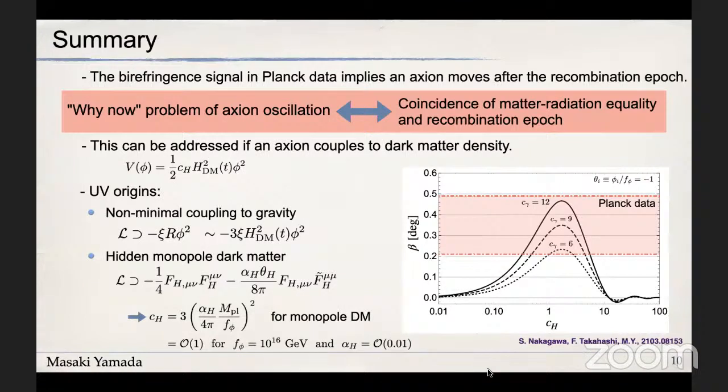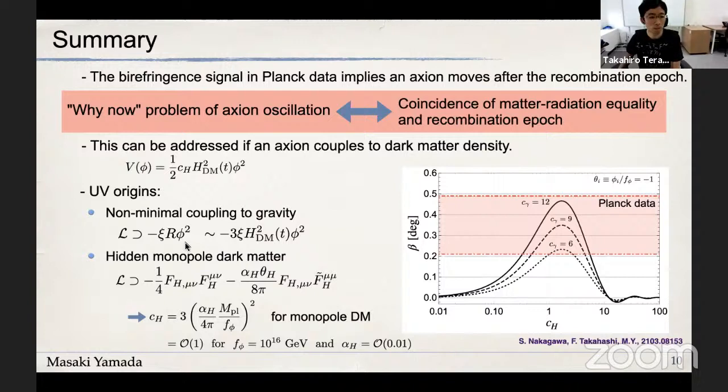I have a question about this non-minimal coupling. So this breaks the axion... Yes, this breaks the Peccei-Quinn symmetry. Right. So don't you worry, because gravity is expected to break global symmetry?